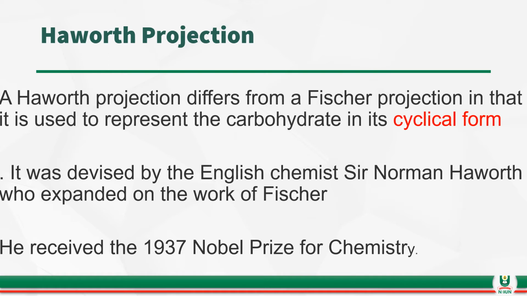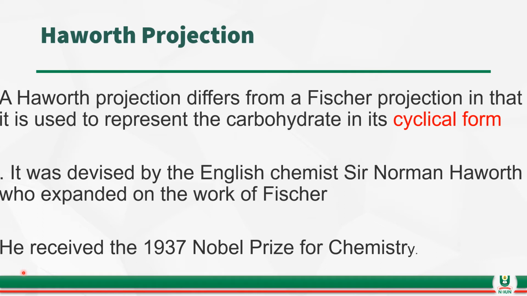I hope you still remember that Fischer did his work in 1891. So this one did his much later, and he received his own Nobel Prize in 1937. I hope you remember when Fischer received his own, 1902.